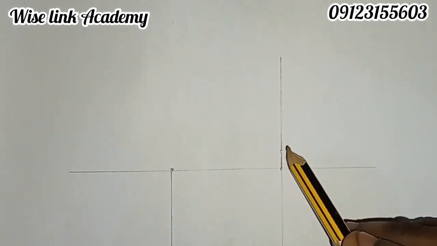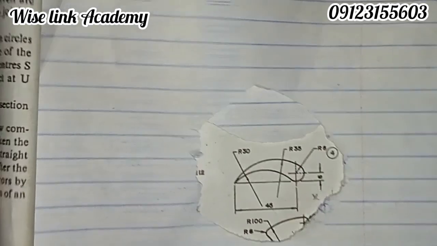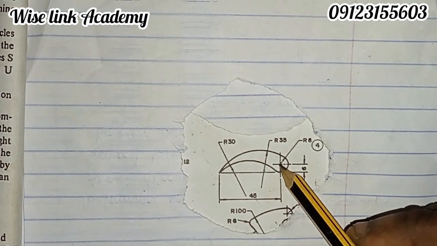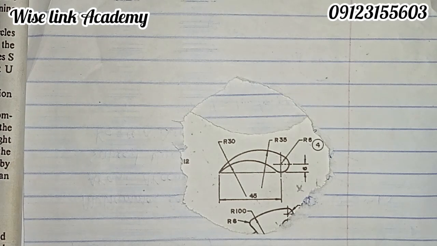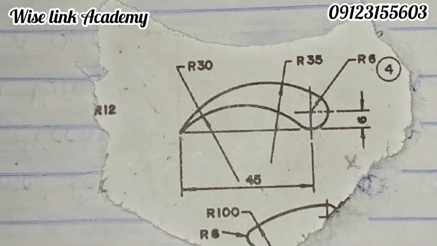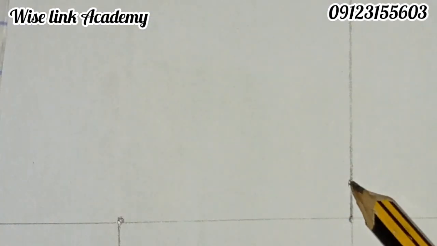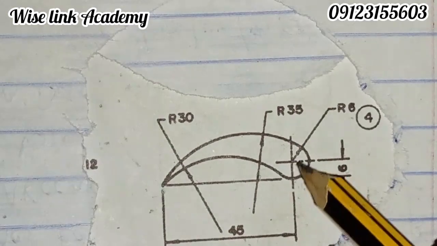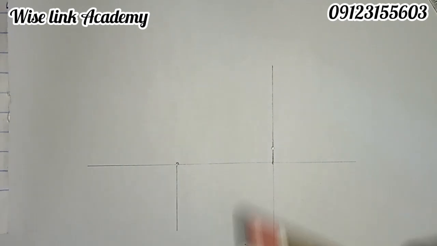Now after I have indicated our point 6 here, let's see what we're having. After indicating this point, you draw a circle of radius 6. Let me show you. This point here is the point we have established here. So we said it has a radius of 6. So let's draw that radius of 6.